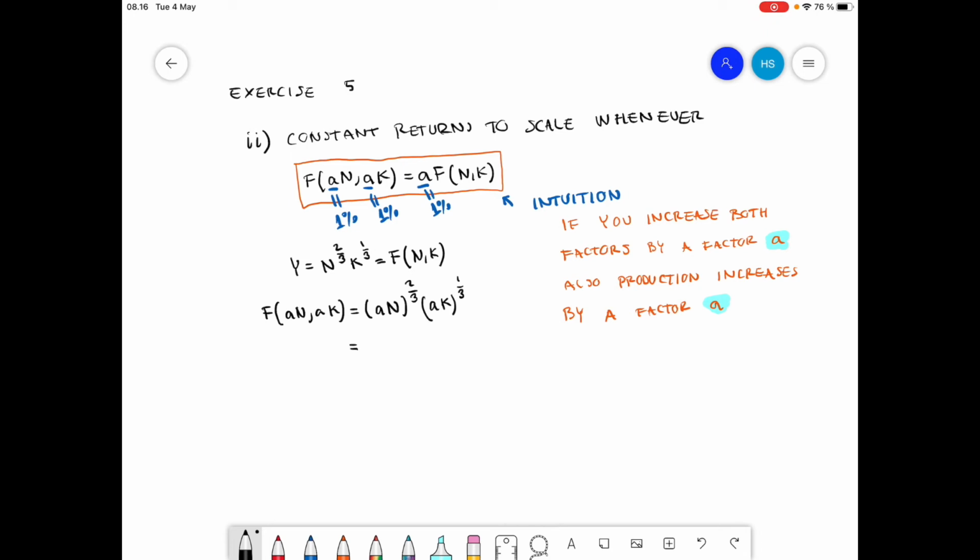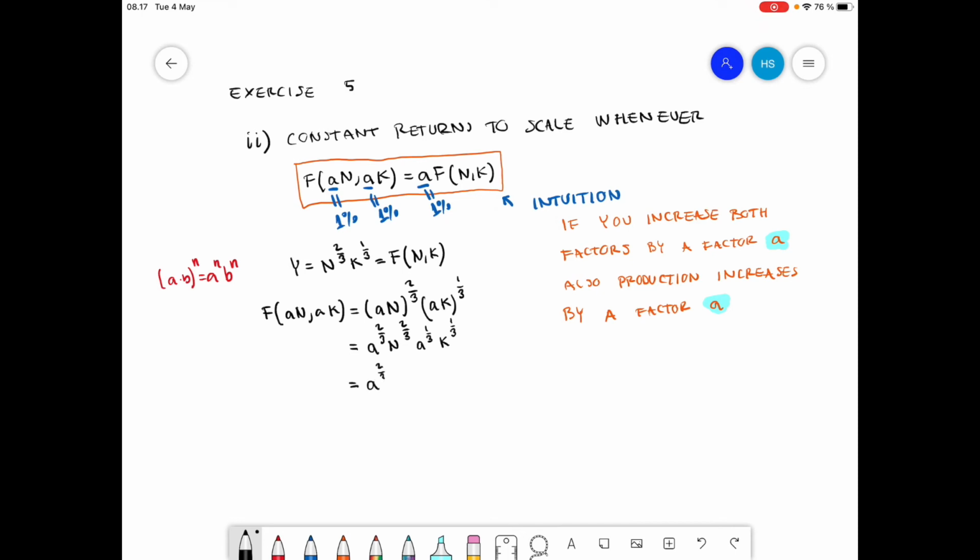This we can simplify. We have that this is the same as a to the power of 2/3 times n to the power of 2/3. And the rule we're using here is that a times b to the power of n is equal to a to the power of n times b to the power of n. We apply the same rule over here: a to the power of 1/3 times k to the power of 1/3.